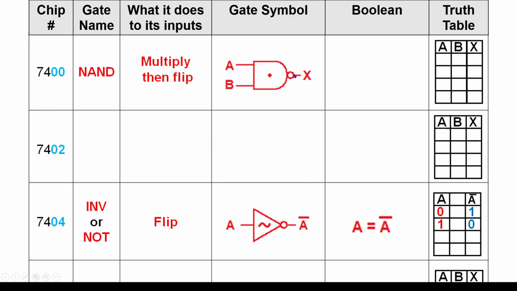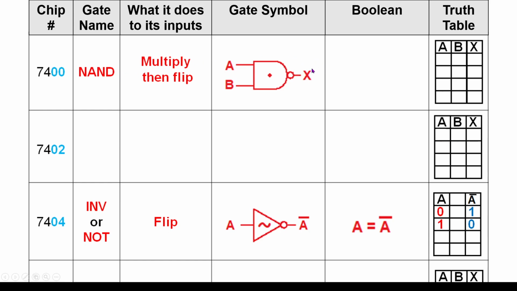Remember I said it's the little bubble that's the NOT gate, and this particular gate has the little bubble on the output, so it multiplies A times B. Its result might be right here, but then it flips the answer over to the opposite, and we call that a NAND gate.